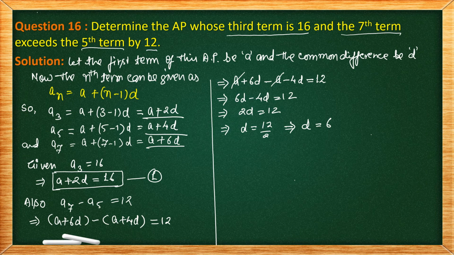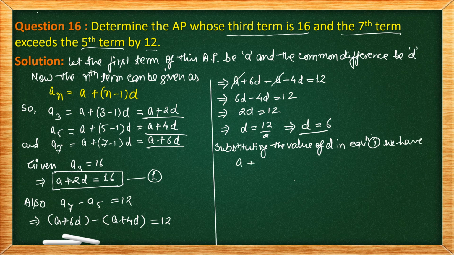Now substitute the value of d in equation 1 to find out the value of a. So we will write, substituting the value of d in equation 1, we have a plus 2 into 6 is equal to 16.